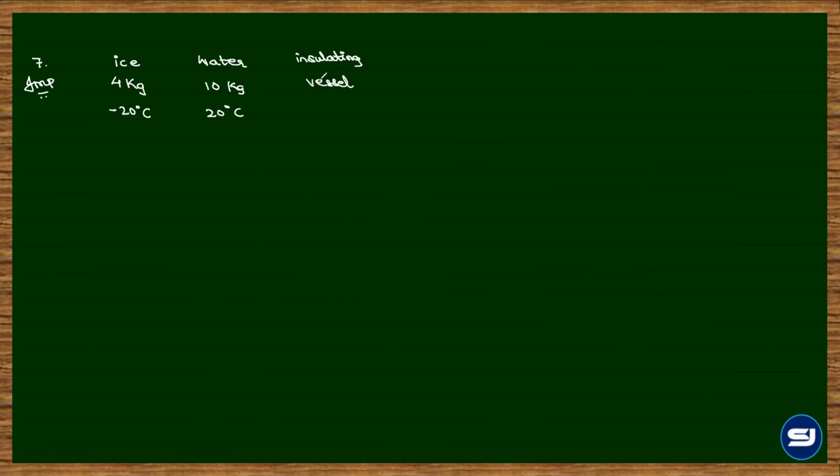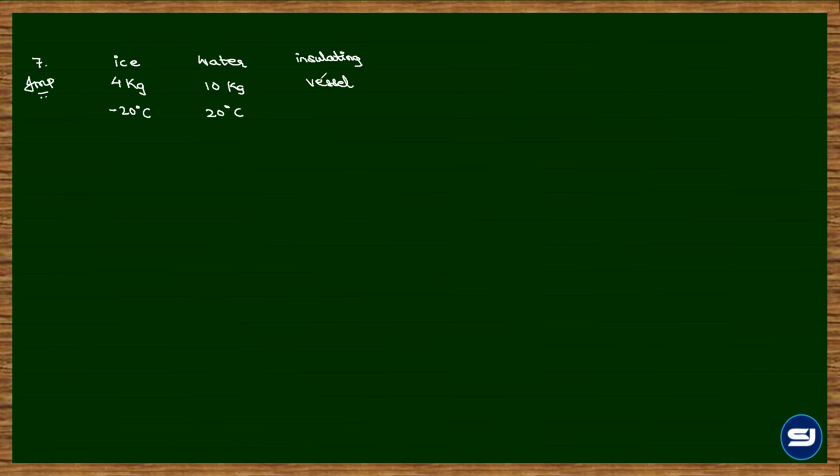4 किलोग्राम आइस को 10 किलोग्राम वाटर से ऐड किया. अब ऐड करने के बाद what will be the final mass of water in the container? Specific heat capacities of water and ice are given, and molar enthalpy of fusion of ice is given.